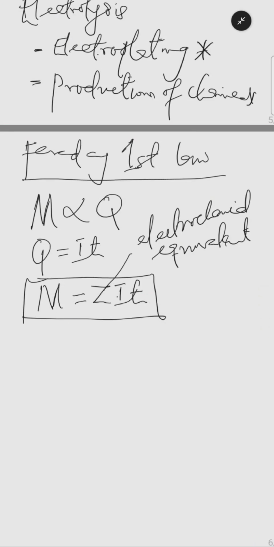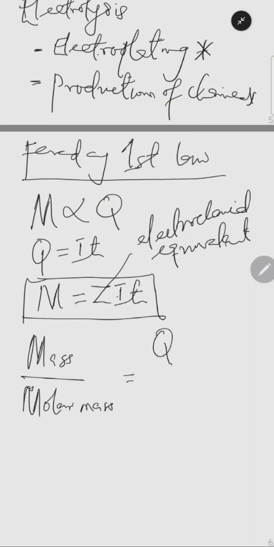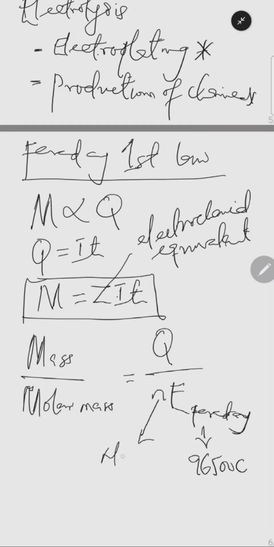And we have another formula: mass divided by molar mass is equal to Q, which is quantity of electricity, divided by NF. This F represents the Faraday constant, which is 96,500 coulombs. And this N is the number of electrons transferred.